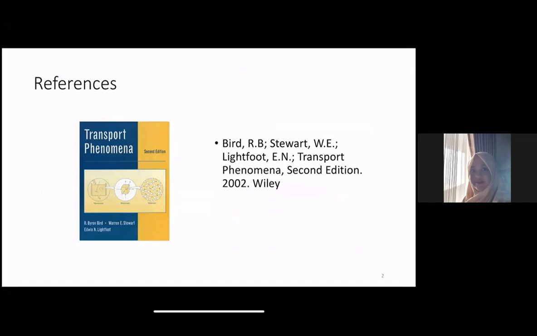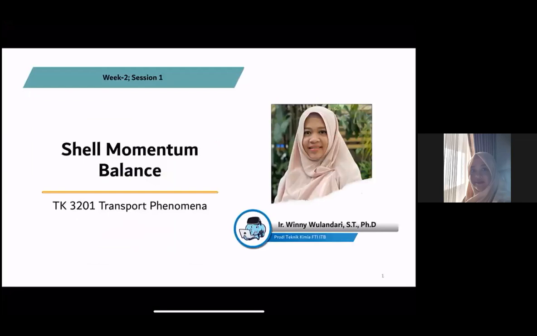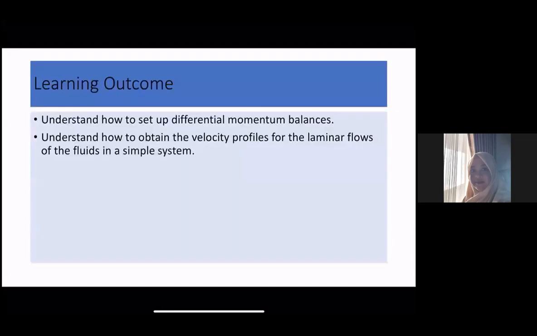The thing is, with the shell momentum balance, we're going to set up a balance, looks close to mass balance, seperti neraca massa ya. And in this shell momentum balance we need some equations, and the momentum flux is one part of the components that we're going to look at in the momentum balance. Okay, so the learning outcome for these topics is, wait.